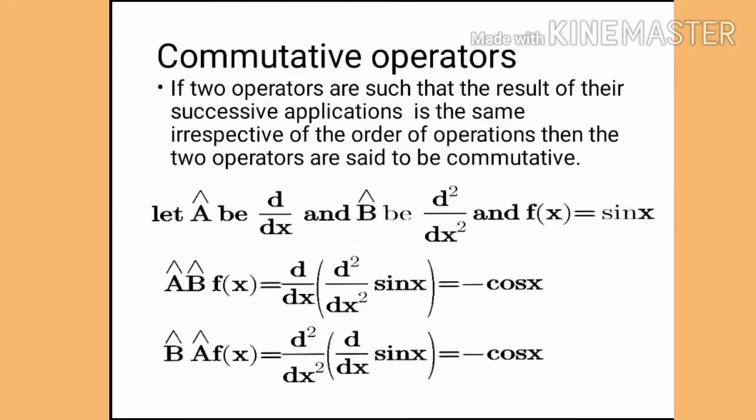So here the result is the same. It doesn't depend on the order of the operations of these operators. So here d upon dx and d square upon dx square are commutative operators, because the result doesn't depend on the order of operation.